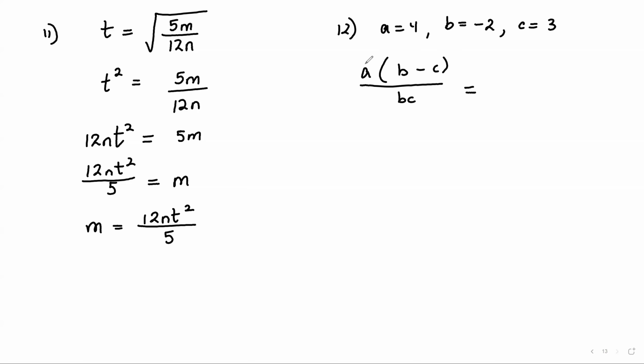So wherever I have A, I'll replace it with 4. So that'll be 4 times B, which is -2. So 4 times -2, take away C, which is 3, right? And all of that is to be divided by B again, which is -2 times C, which is 3.